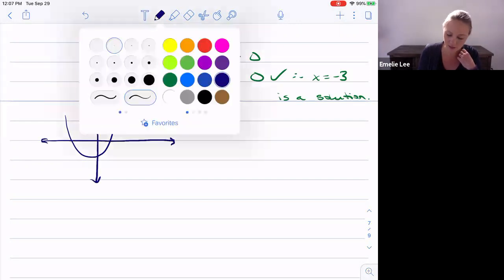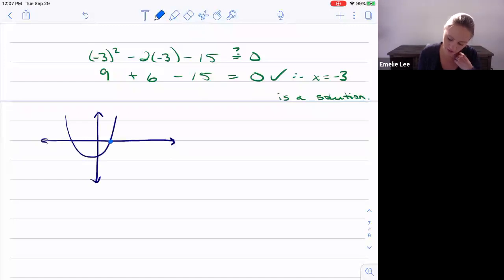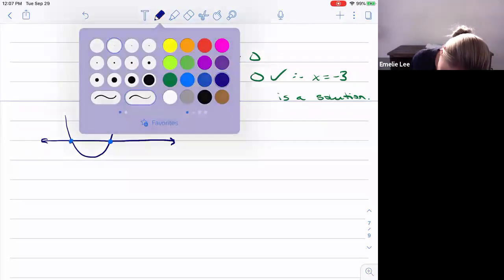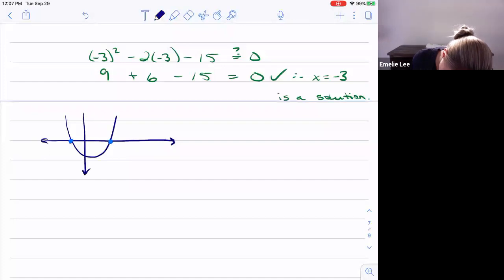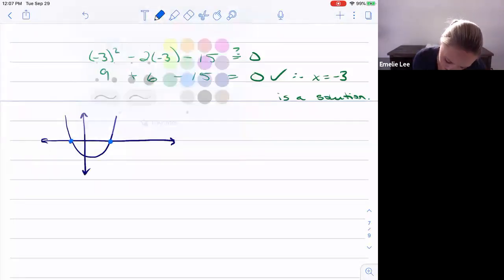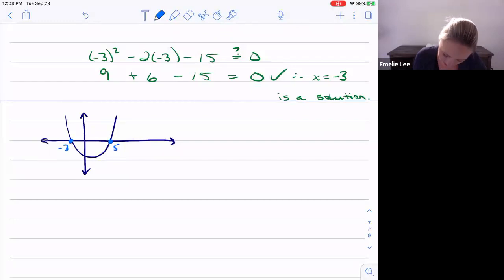So what this means is that at x equals, I didn't draw it very well, did I? Because this is at negative 3 and this is at 5. Yeah, so it just shows where it's going to cross the x-axis.